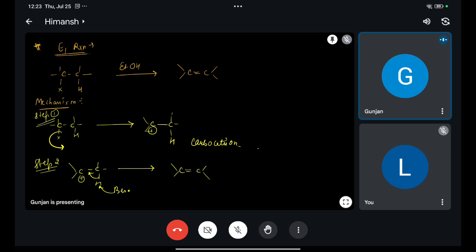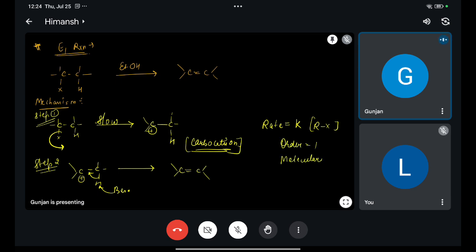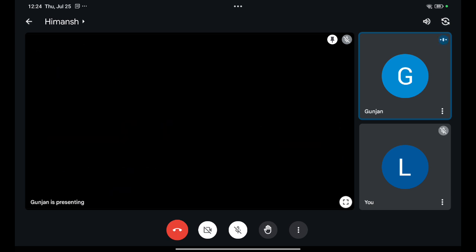The rate depends on the slow step. Always remember, whenever a carbocation is forming, that step is slow and is the rate determining step. So rate equals k into only one concentration, that of the alkyl halide. That is why the order of the reaction is 1 and molecularity is also 1. Got it or no?